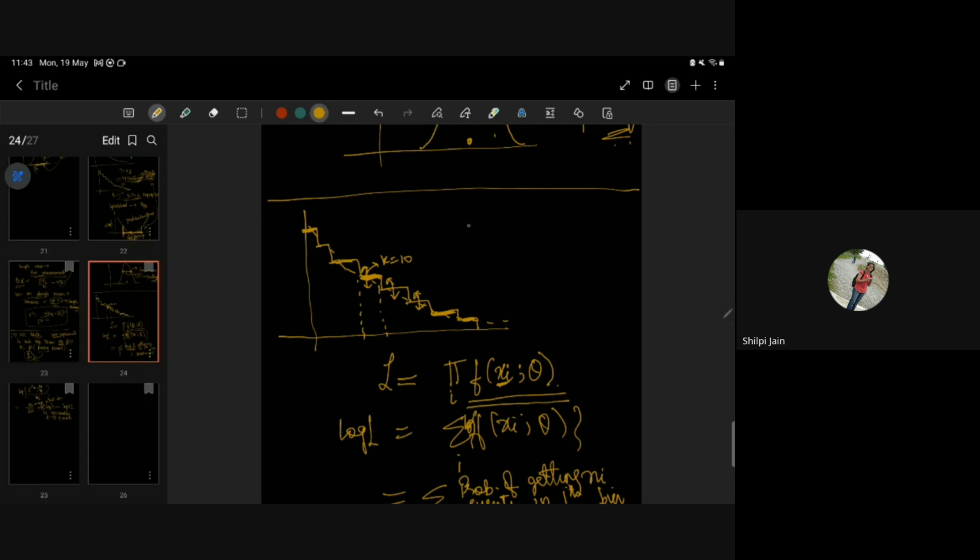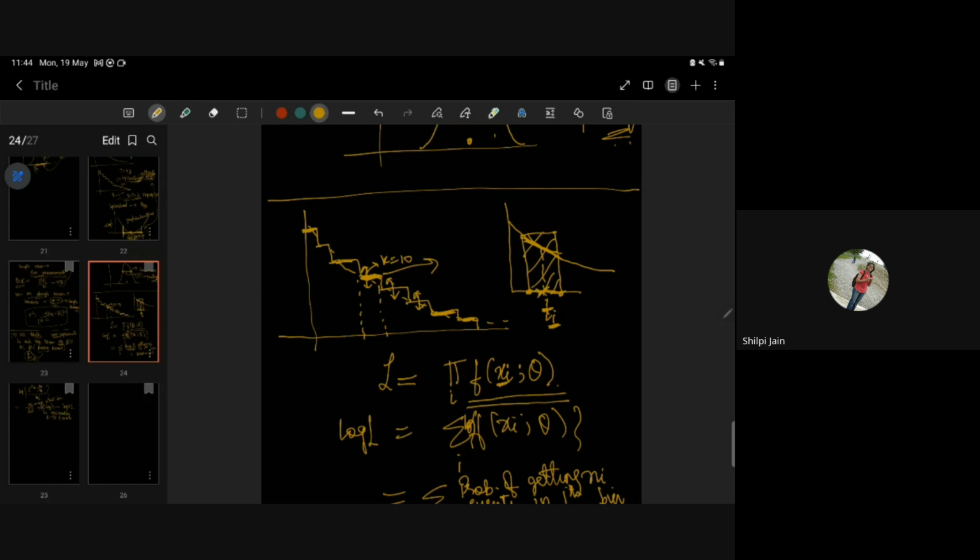Let me draw it again in a zoomed version. I'm just zooming in on one of the bins. How will you calculate the expectation from this exponential in this bin? So what will you do? First of all, let's see what you expect at this point of time, which is the midpoint of this bin.